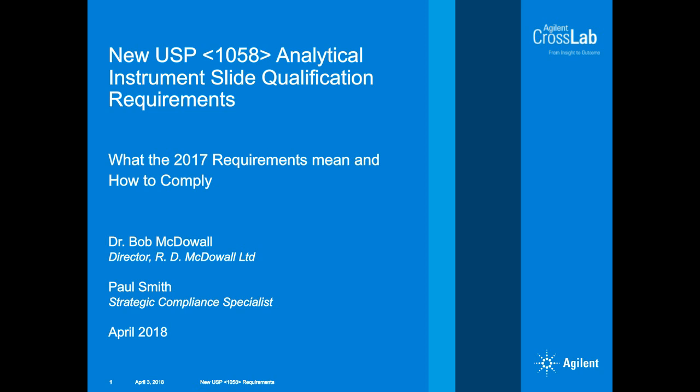So I would equate this to GAMP category 3 and GAMP category 4. So that's commercially available, non-configurable software for category 3, and configurable, commercially available software, GAMP category 4.